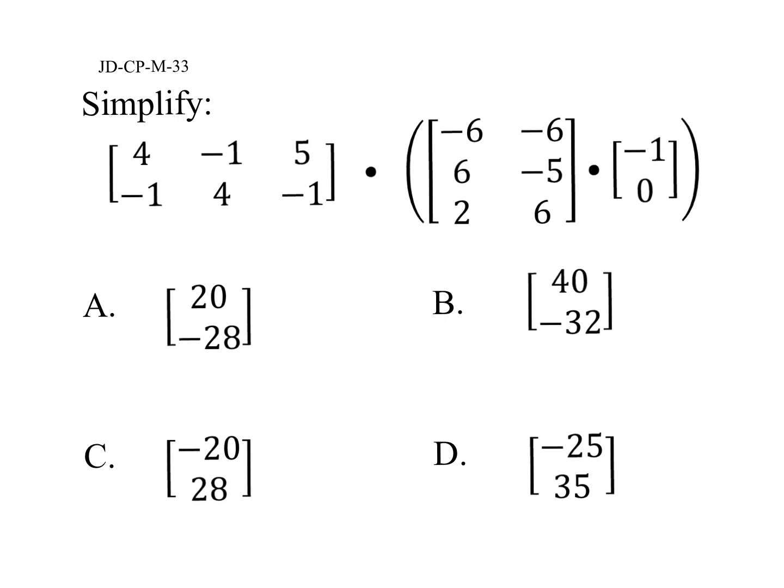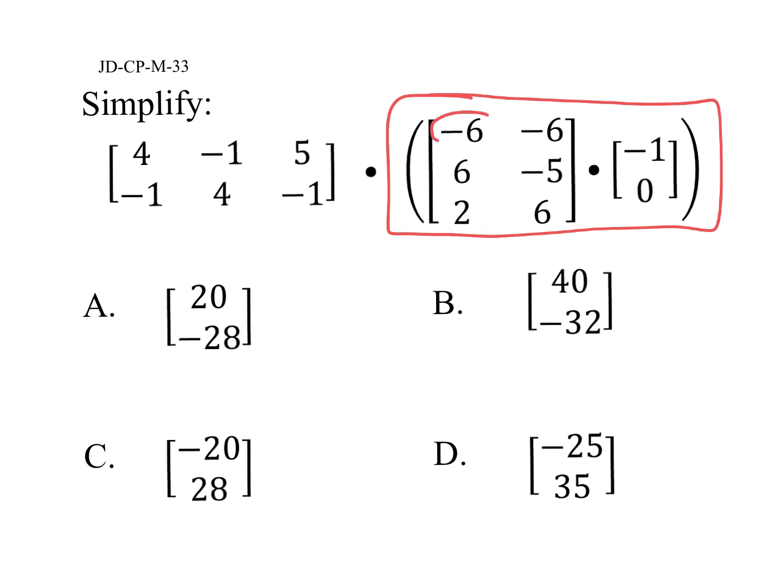33, to simplify this, notice the second part is in parentheses. So just like order of operations, we're going to do that part first. So starting with each row, we're going to multiply these negative 6s by these. So negative 6 times negative 1 plus negative 6 times 0.